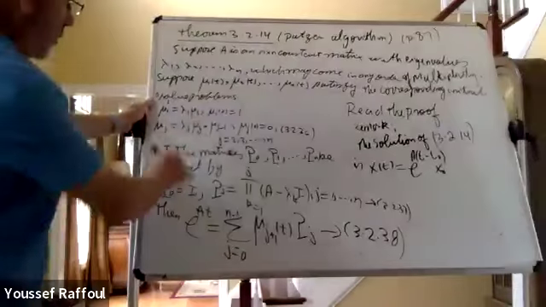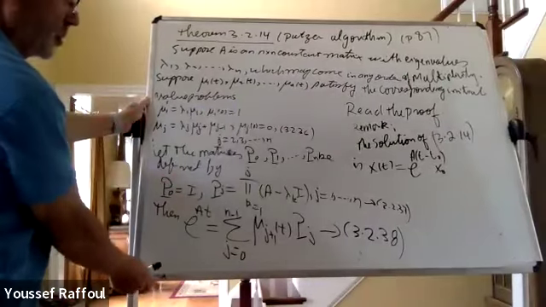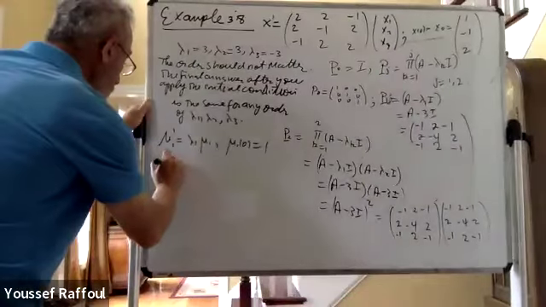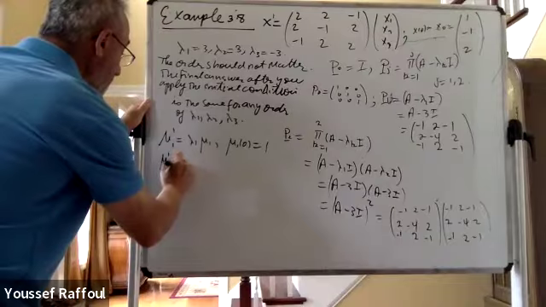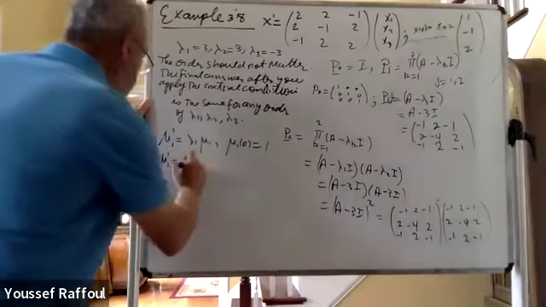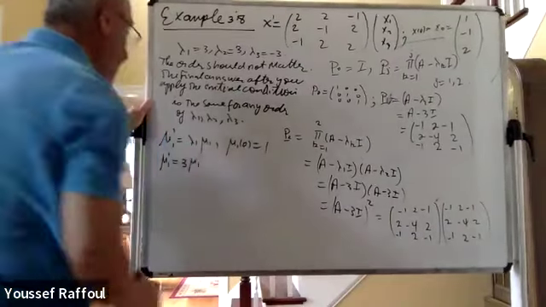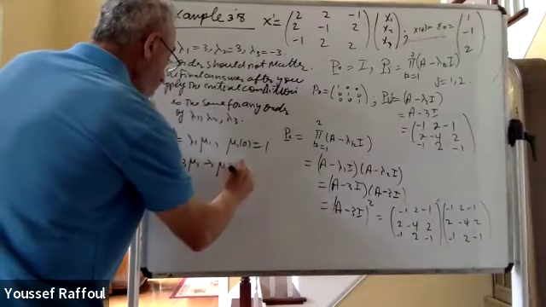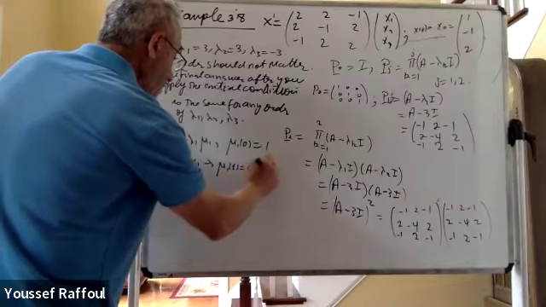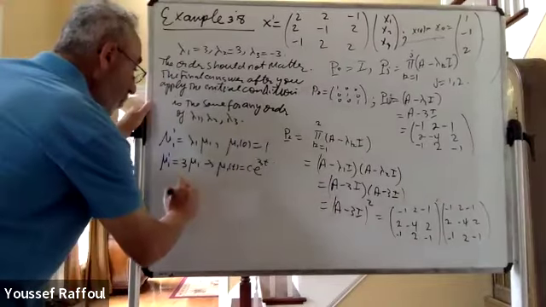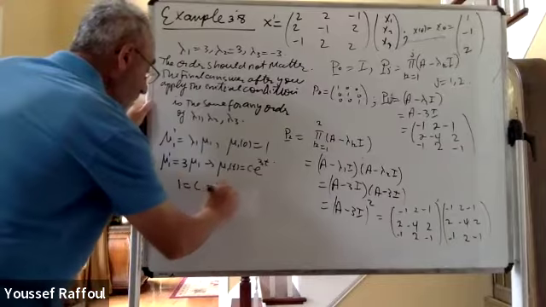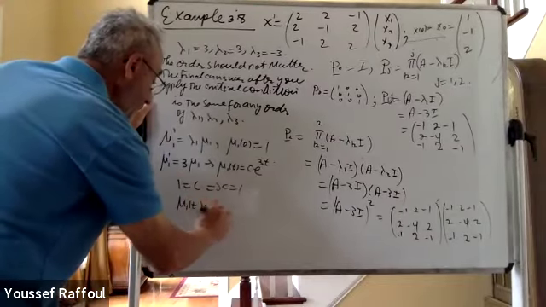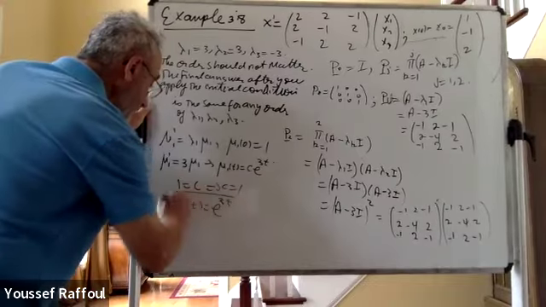This is what the formula says. So we need to solve mu 1 prime equal to lambda 1, 3 mu 1. And that means mu 1 of t equals c e to the 3t. So we have 1 equals c, implies c is 1, and mu 1 of t is e to the 3t.